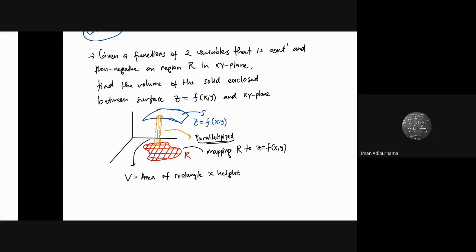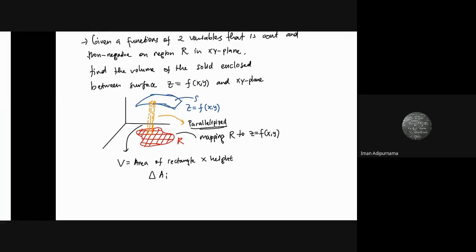The area of the rectangle, let me write as delta A, because it's cut into pieces and has many rectangles. And the height will be just the function of x, y, right? So we can approach the volume with this.